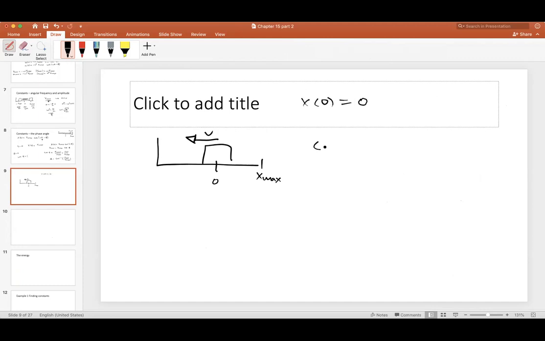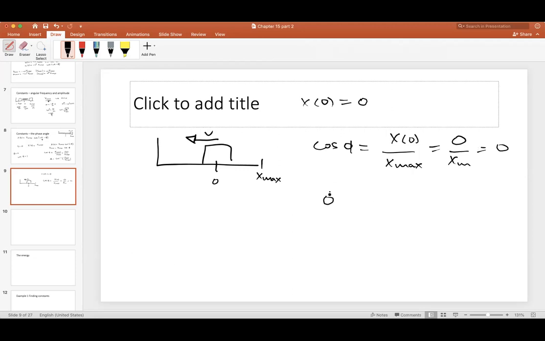And again, cosine of phi is x at time 0 over x max. But it doesn't matter what x max is. If x at time 0 is 0, this would be 0 over x max, which is 0. So what is the value of phi when cosine of phi is equal to 0?